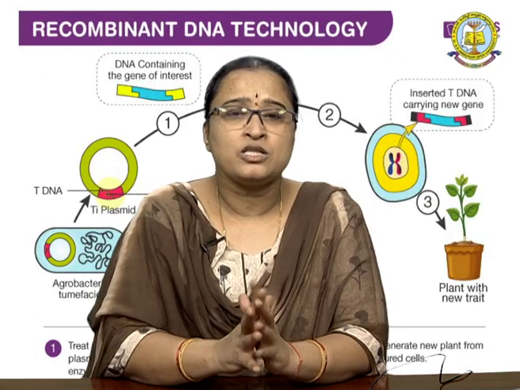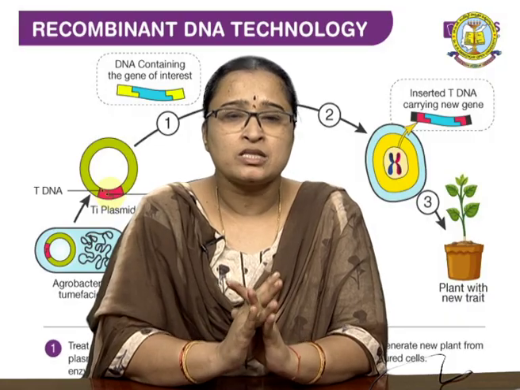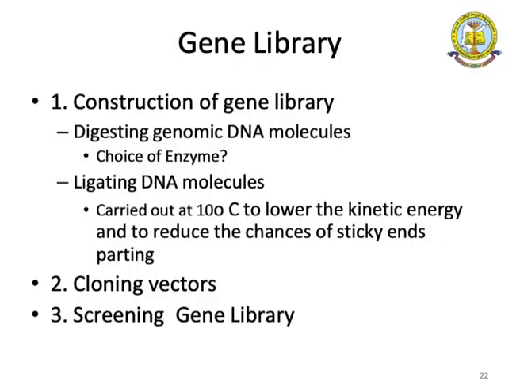In the genomic library, the first step is construction of the gene library. This is digesting the genomic DNA molecule, with any choice of enzyme. The second step is ligation, the attachment of the DNA molecules.